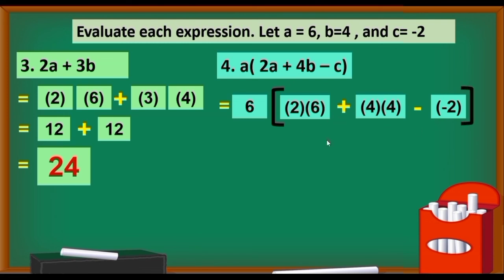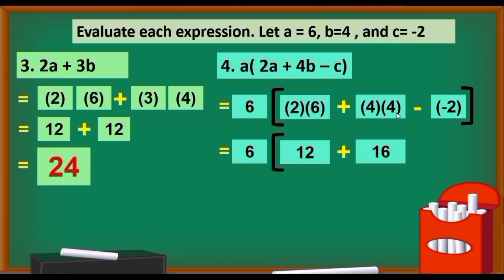And then, uunahin po natin yung nasa loob. So 2 times 6 is 12 plus 4 times 4 is 16 plus, bakit po naging plus? Kasi negative times negative, it will become positive 2.